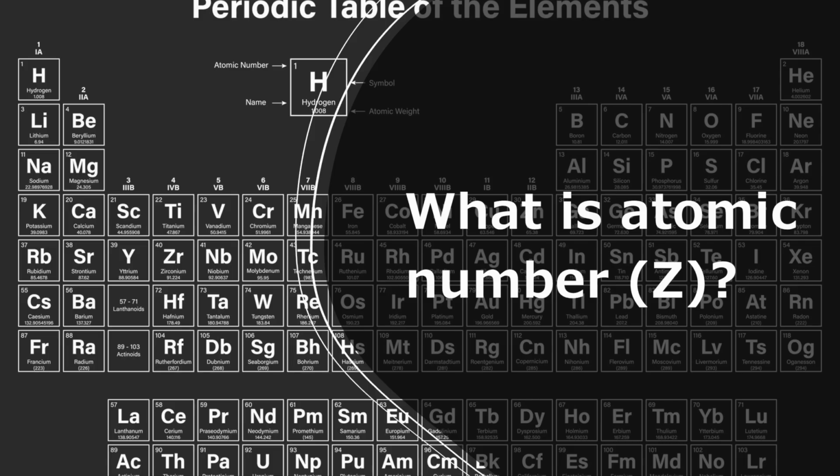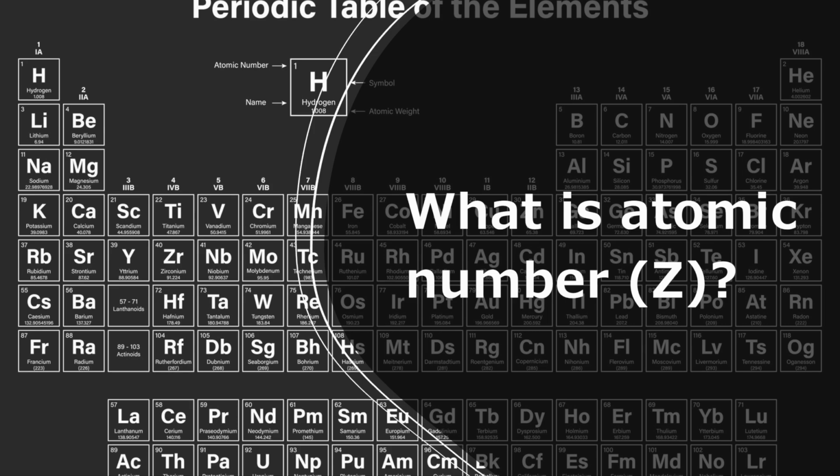On the other hand, we have oxygen, O. It has an atomic number of 8, meaning it has 8 protons. Since atoms are electrically neutral, the atomic number also tells us the number of electrons in a neutral atom. The atomic number is unique to each element and is used to arrange elements in the periodic table.